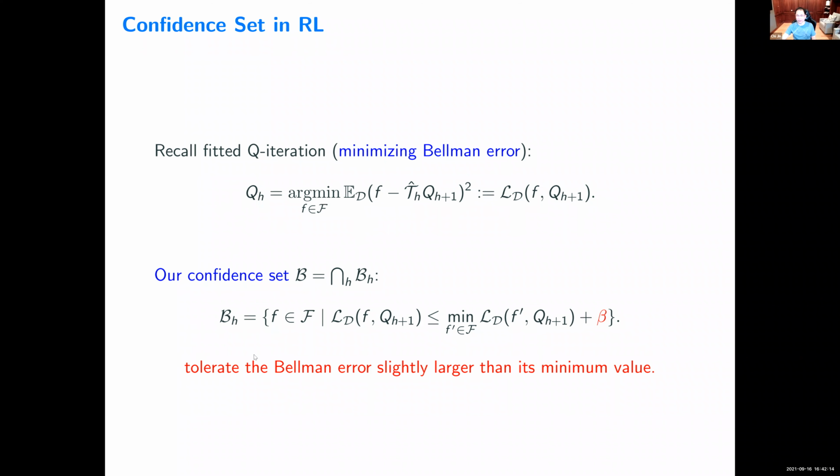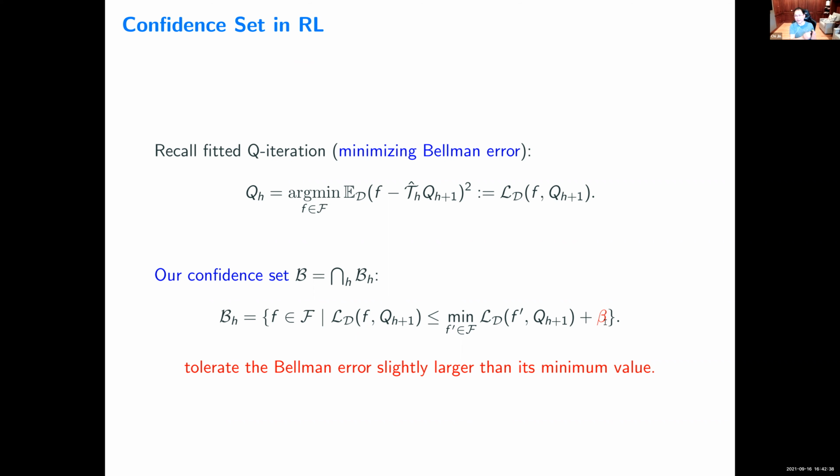So what I'm going to construct as a confidence set is not just the minimum. My confidence set incorporates all the value functions whose empirical Bellman error is slightly larger than the minimum. This is the minimum of the Bellman error, and I allow some beta tolerance.